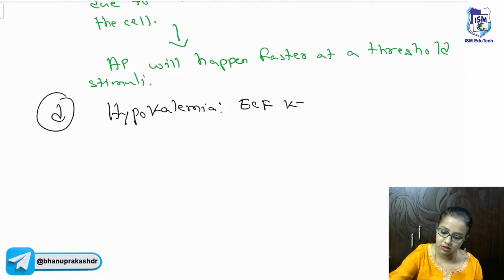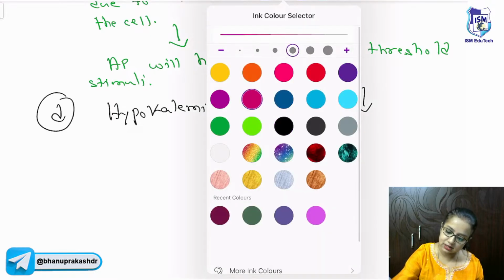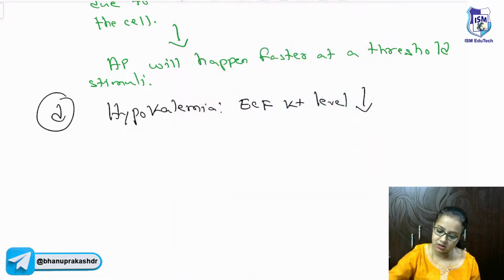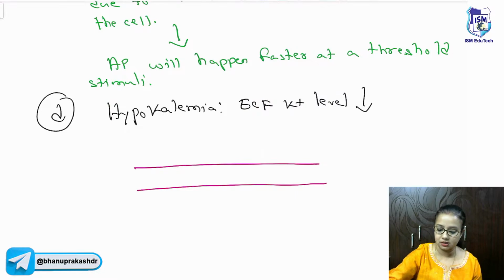In hypokalemia, the ECF potassium level drops. Even in normal conditions, the concentration of potassium is higher in the ICF compared to the ECF.